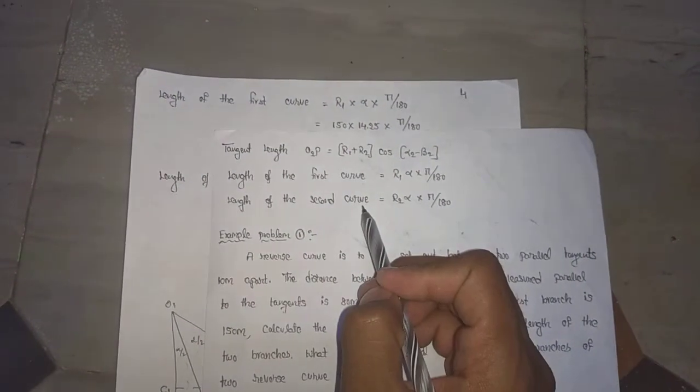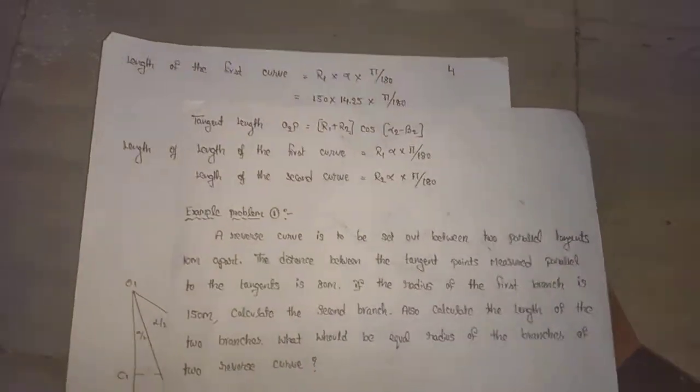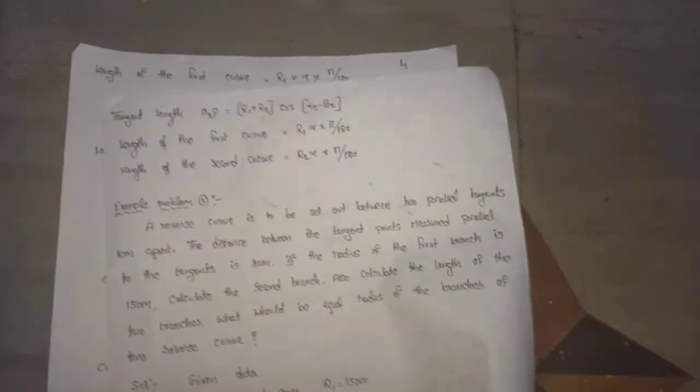Next, length of the second curve, similar to the first curve, formula R2 into alpha into pi by 180. These are the elements of the reverse curve.